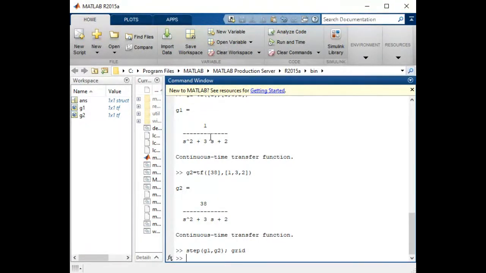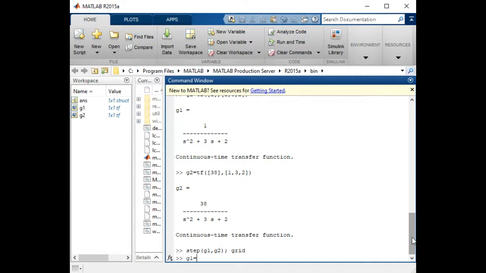All right, so it's G over 1 plus G. It's a unity gain system. Can anybody tell me what it looks like? Come on, guys. Nobody?